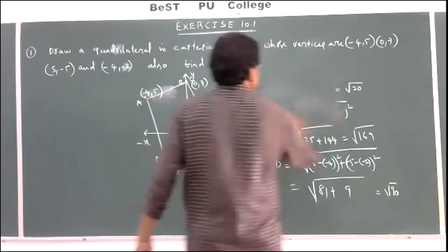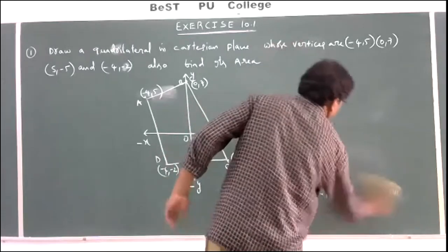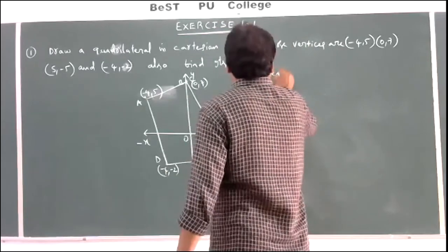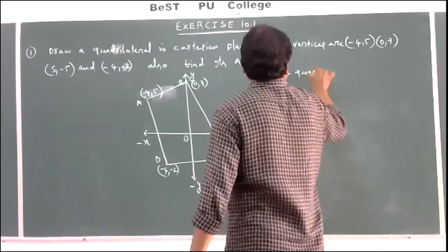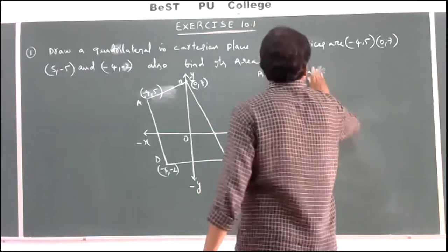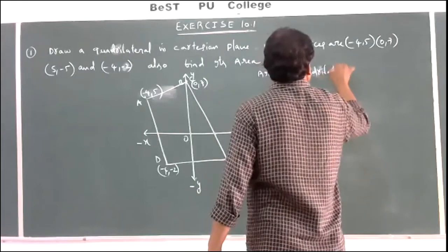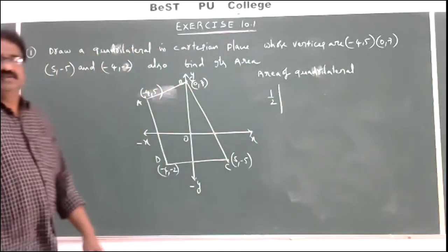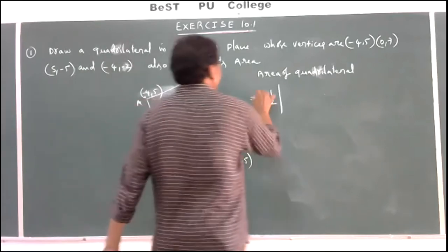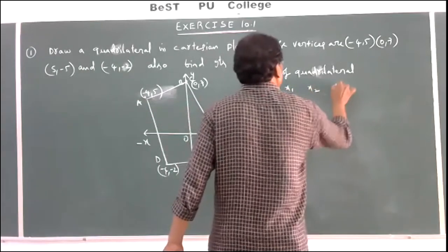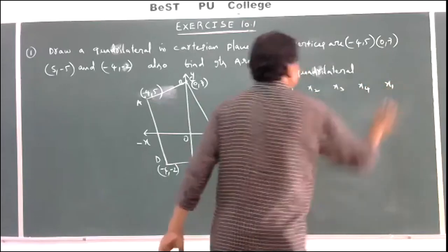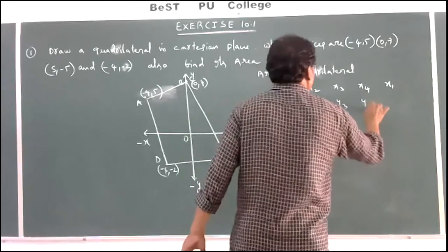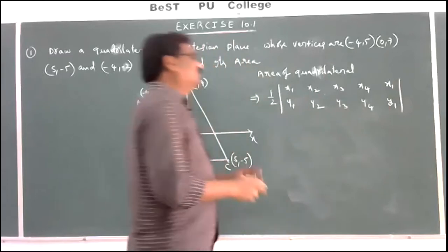I think you know that already. For any quadrilateral, the area is one by two mod of the determinant with x1, x2, x3, x4, again x1 in the first row, and y1, y2, y3, y4, again y1 in the second row.